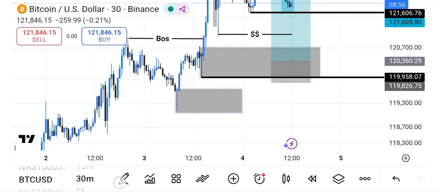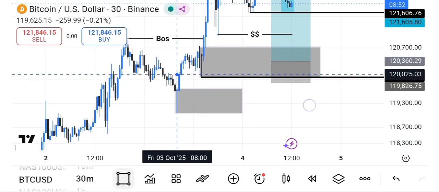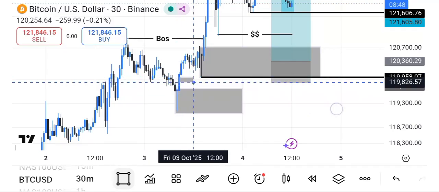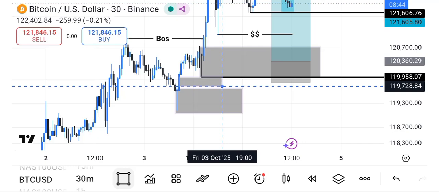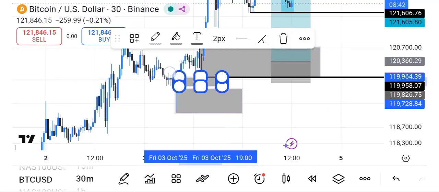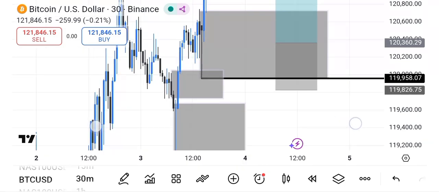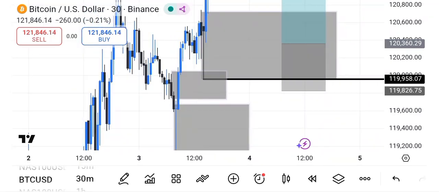But the problem here is that, looking at this side, there is a long push up. Price came to the FVG, the fair value gap, and then started pushing up, so we can say it is mitigated already.